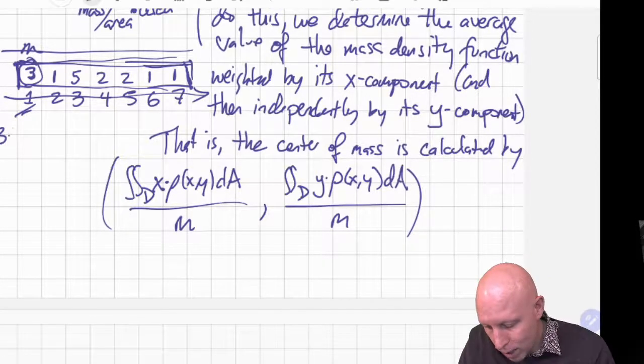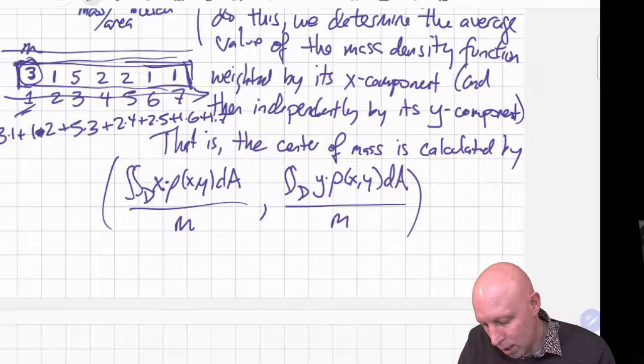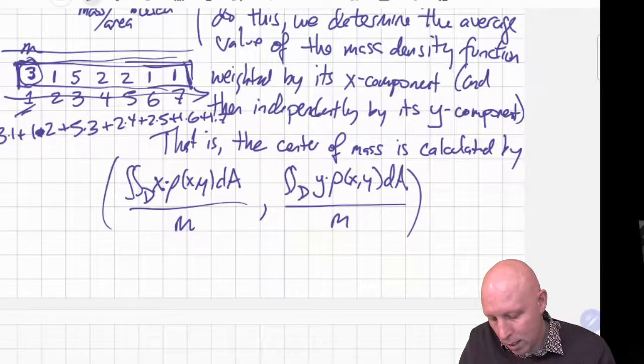So we'll write 3 times 1 plus 1 times 2 plus 5 times 3 plus 2 times 4 plus 2 times 5 plus 1 times 6 plus 1 times 7. So what does that get us? 3 plus 2 is 5, plus 15 is 20, 28, 38, 38 plus 13 is 41.